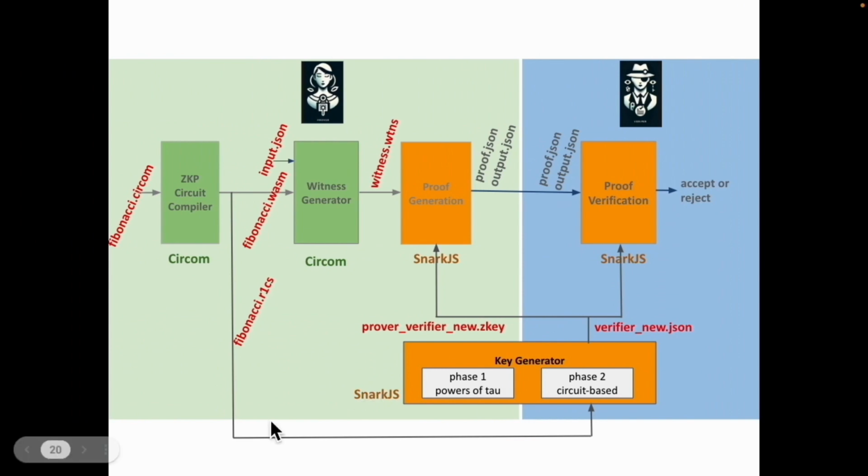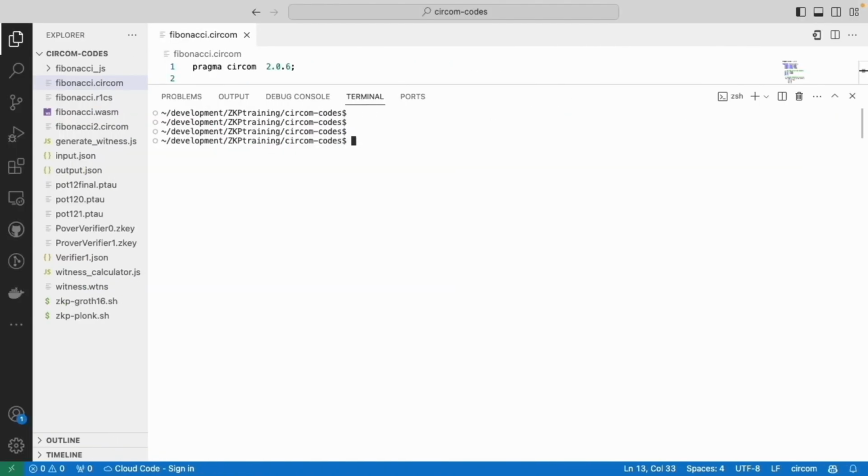Now that we have generated the prover and verifier keys, we are ready to generate the proof. We generate the proof using the following command: snarkjs groth16 proof, then prover_verifier_1.zkey, then witness.wtns, and we specify the name for our proof and another name for our output file.